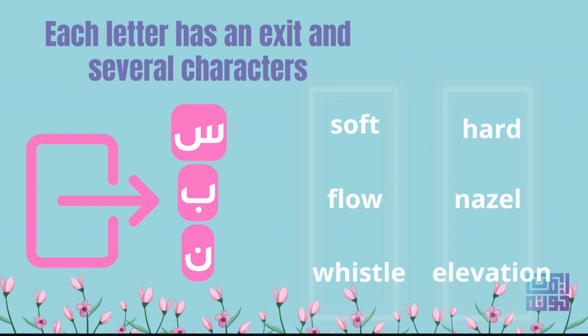So it becomes easier to pronounce these letters. What I'm saying now, maybe it's not totally explained to you as a beginner level, but later on, inshaAllah, we are going to study it in more details and you are going to understand it more and more, inshaAllah.